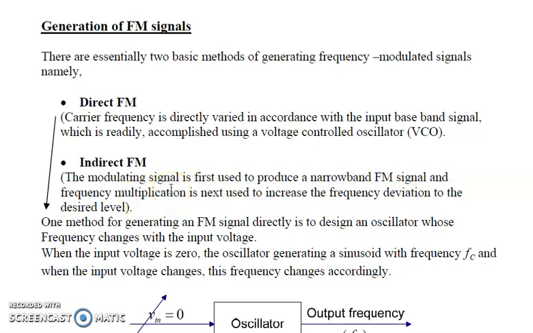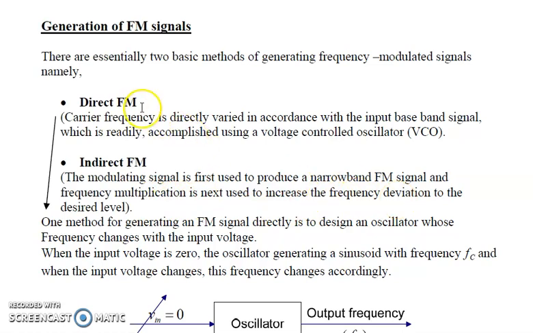As we have seen in wideband FM, the sidebands are fm, 2 fm, 3 fm, 4 fm, 5 fm, meaning multiplied forms of the FM signal. Those multiplied signals are generated by using frequency multiplication, and that is used to increase the frequency deviation to the desired level. However many times you multiply the frequency, that much deviation we will get.